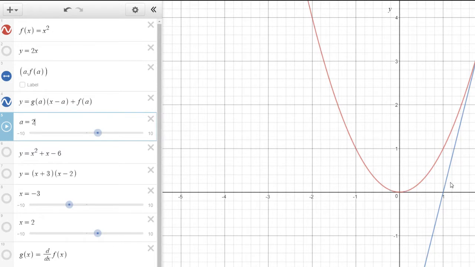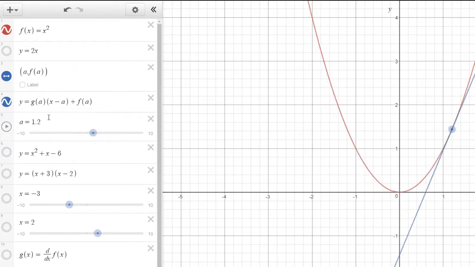So that blue line should have gradient 4, and you can see that it has gradient 4. You come down 1, 2, 3, 4 and along 1, so the gradient is 4. That just gives us all of the gradients at all of the points, and we can draw out the graph of all the gradients, and that's that line there, y equals 2x.